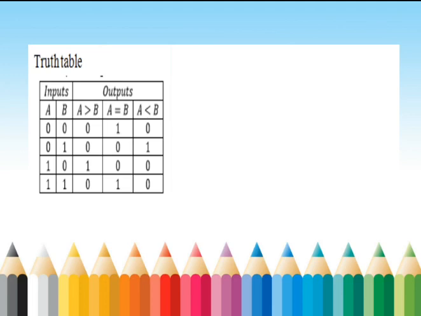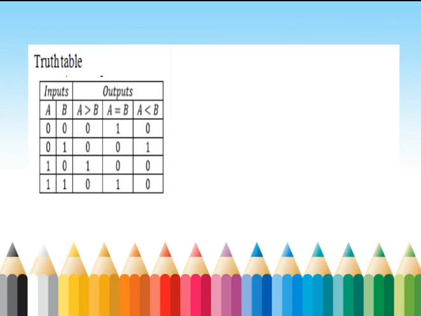For input 1, 0, now A holds binary 1. A is greater. This enables the column A greater than B. The remaining two columns are 0. For input 1, 1, both A and B are equal. So this enables only the column A equal to B. The remaining two columns are 0.